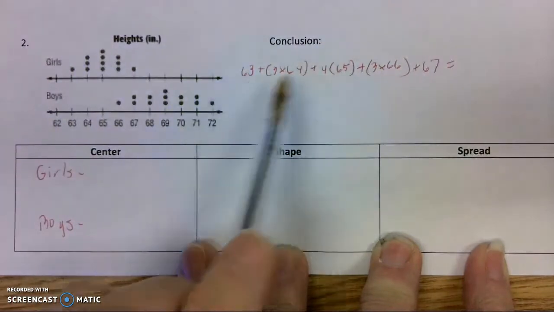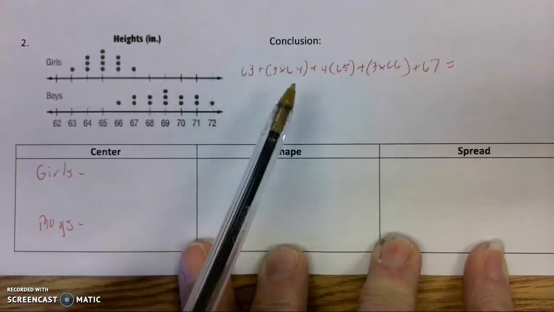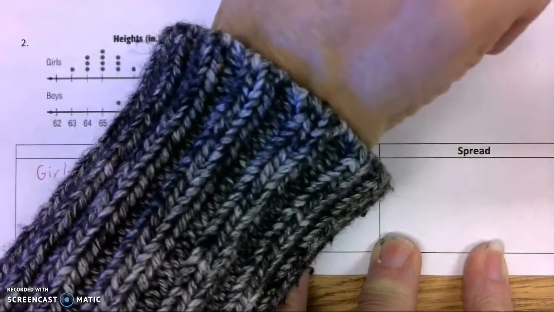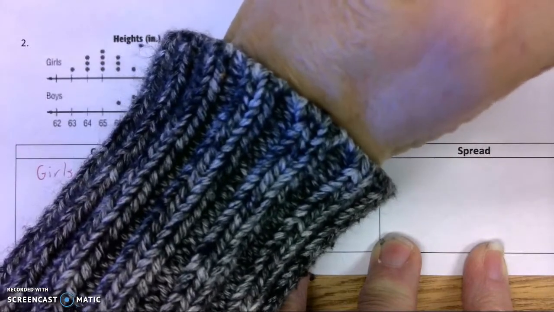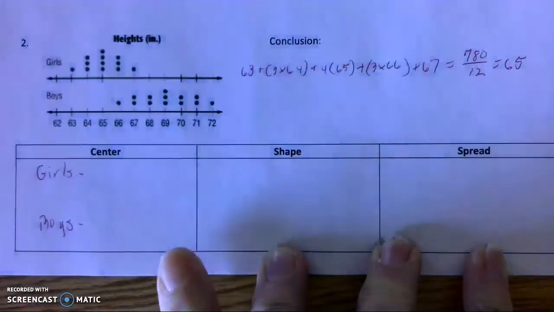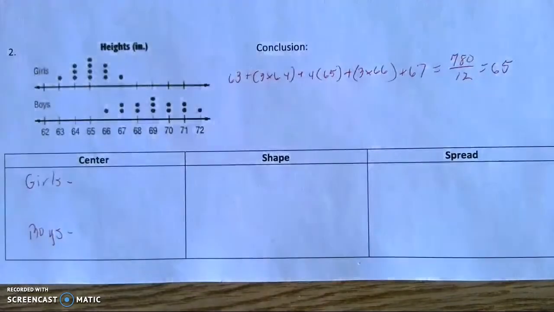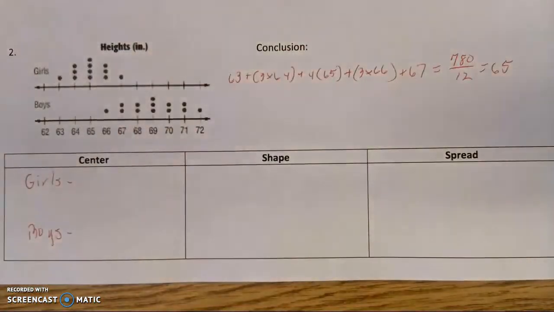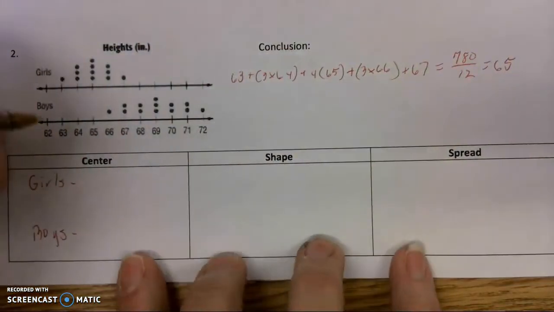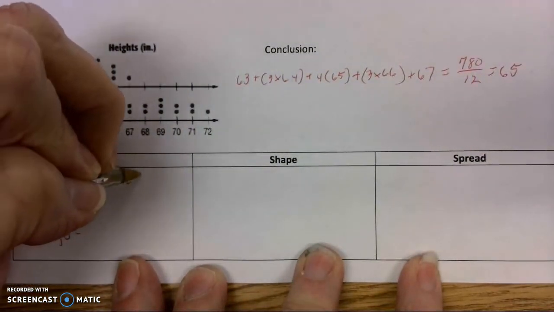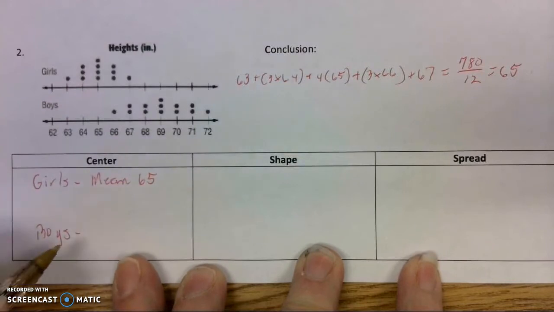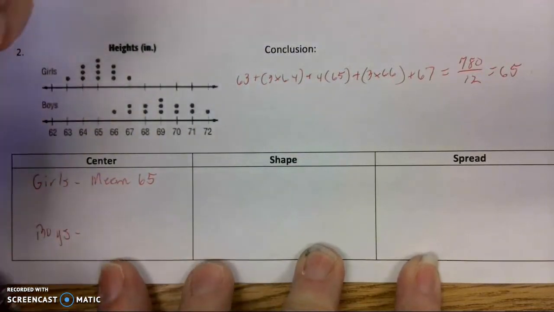Again, I need to add all 12 of those numbers. When I add them, I get 780. I divide that by 12, and the mean height for girls is 65. So girls' mean is 65.